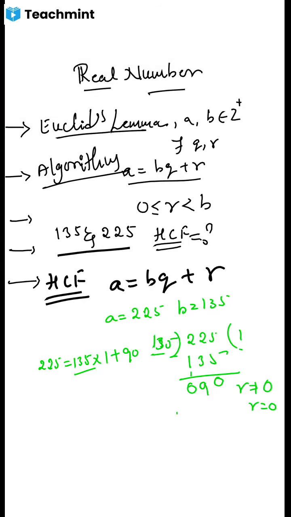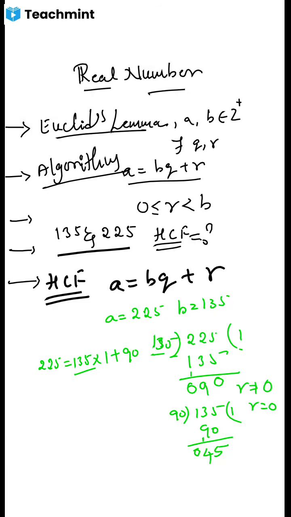Then 90 divides 135. In the table of 90, is 135 there? No. 90 × 1 = 90, so take that and subtract. You get 45.